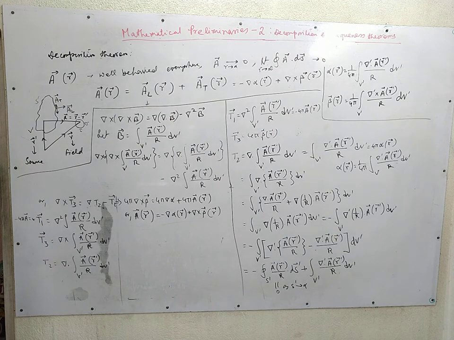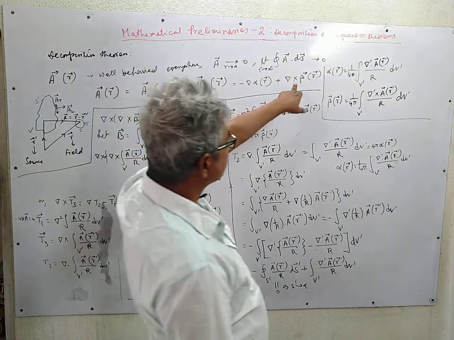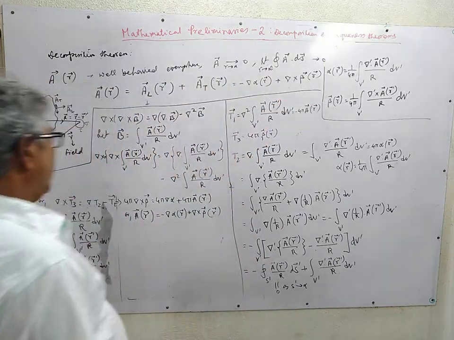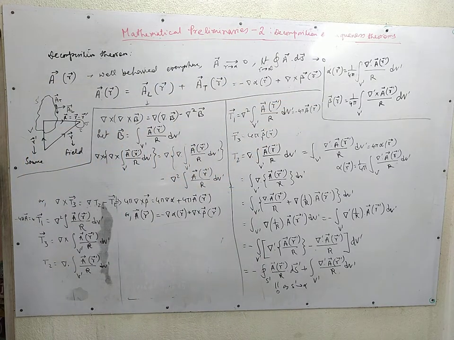So this is the decomposition theorem, which enables us to write a vector as its longitudinal and transverse component, where the longitudinal part is related to the scalar potential and the transverse component is related to the vector potential.